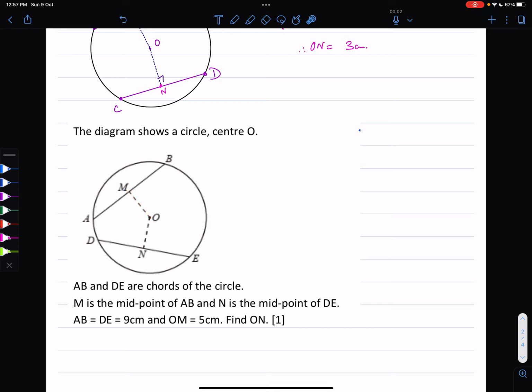If AB and DE are of the same length and OM is 5 centimeter, then you need to recall the property that says that if the two chords are of equal length, then the distance from the center must also be equal. So OM should be equal to ON, that is 5 centimeter. This distance and this distance will also be equal.